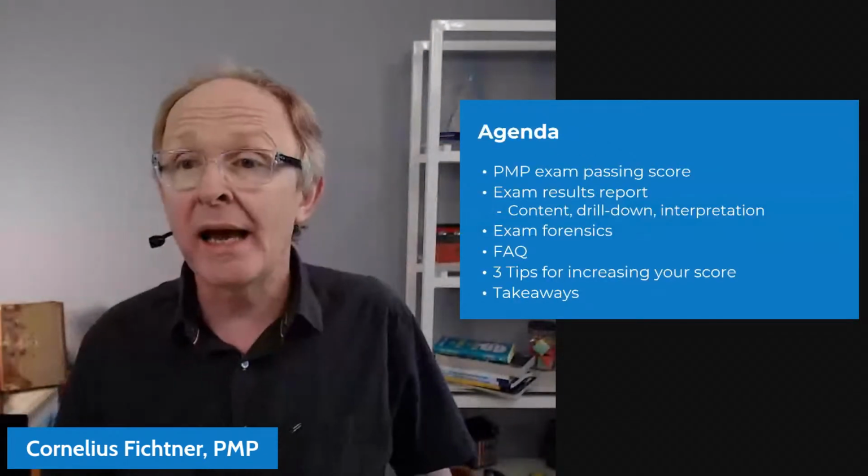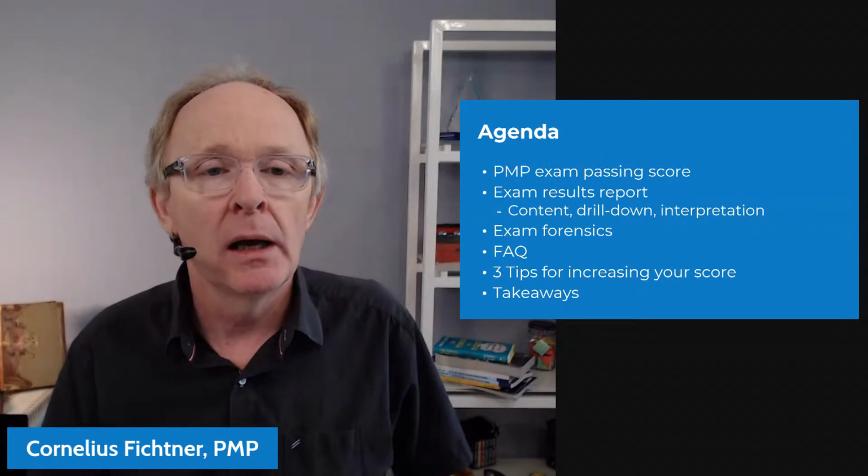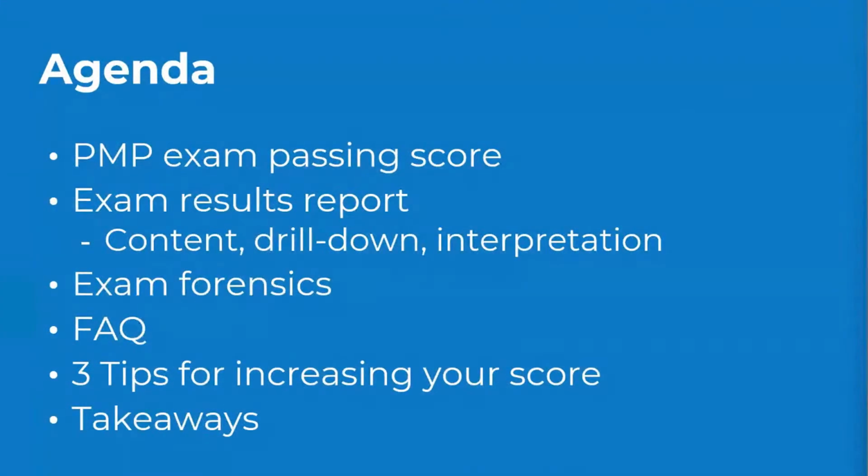As always, we have an agenda. This is what we are going to be taking a look at today. So I want to start out with the big one. What is the PMP exam passing score? The question that everybody always asks. Then we're going to look at the exam results report, what it contains, drill it down, interpretation, what to do with it.